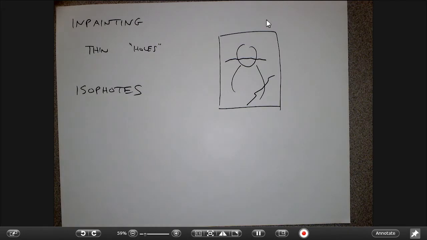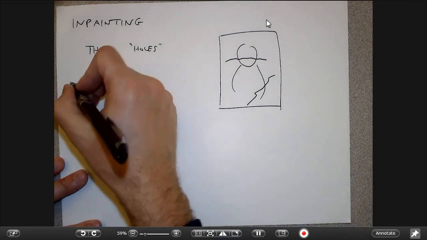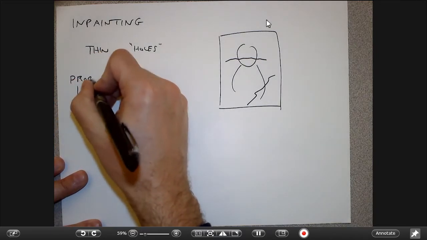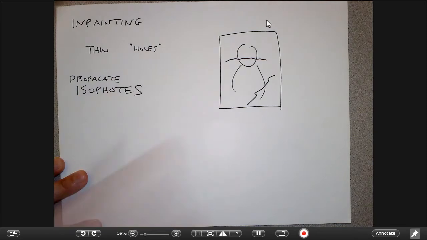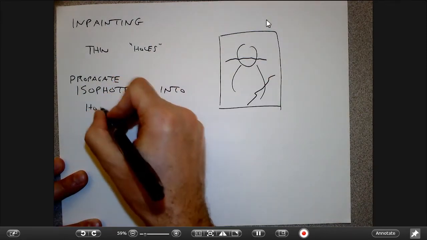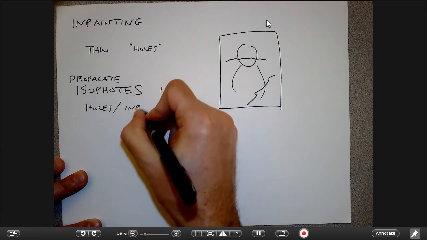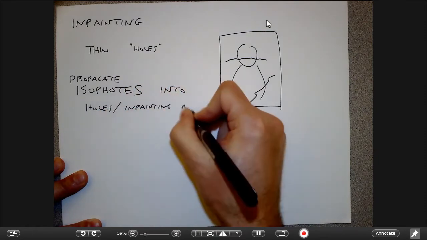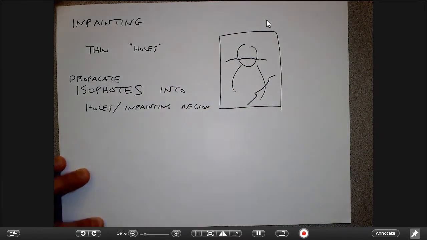If the color is the same going into a certain region, I want to keep pushing that color into the region in the directions where everything is equal. The original idea is to propagate isophotes into holes, or inpainting regions. In this section I'm going to slangily call the missing pixels the hole, okay?